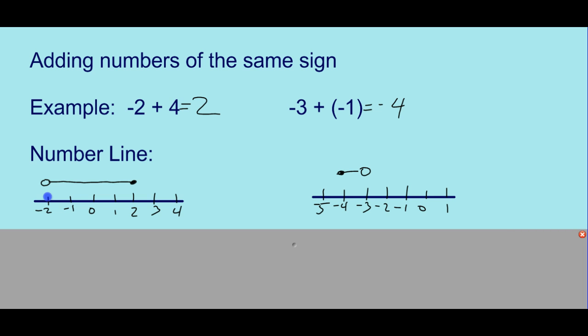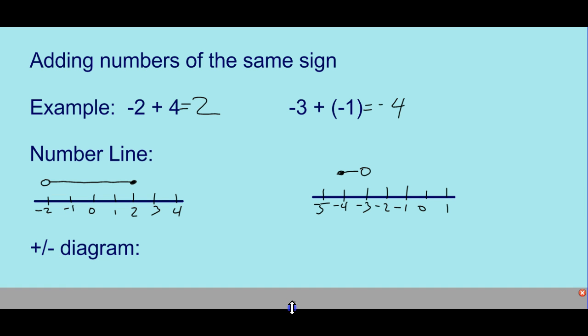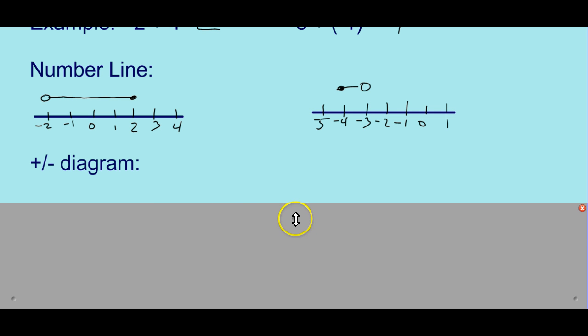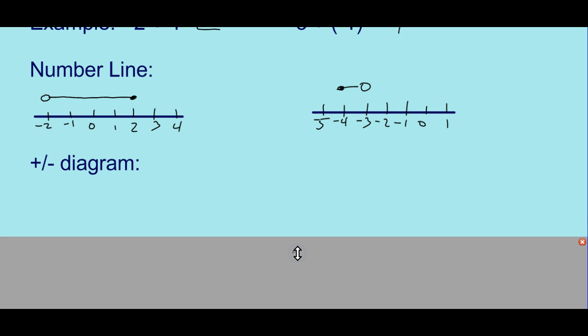So there is a second grade way of looking at this. Another way we can look at this is to use what's called a plus-minus diagram. And we showed you earlier what that plus-minus diagram means, where a positive and a negative will cancel out to make 0.